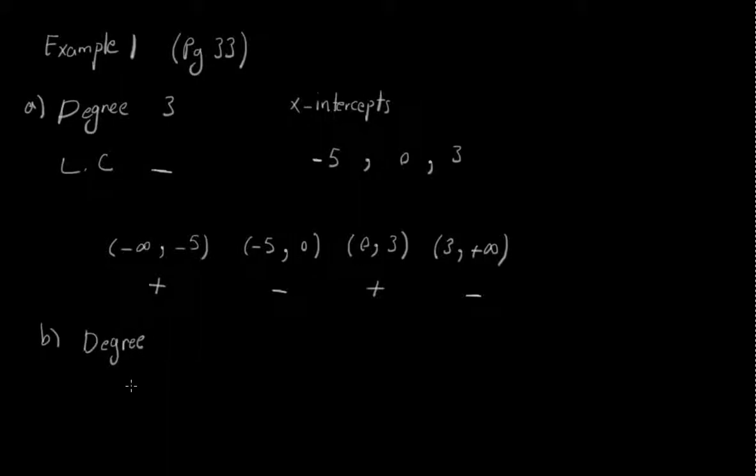So 1 plus 1, and the last one has an order of 2, so 1 plus 1 plus 2, and that's 4. The function goes from quadrant 2 to quadrant 1, so the leading coefficient is positive.